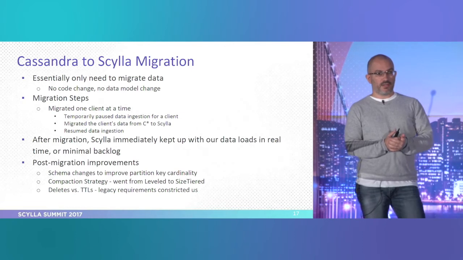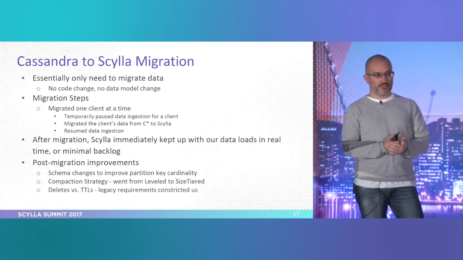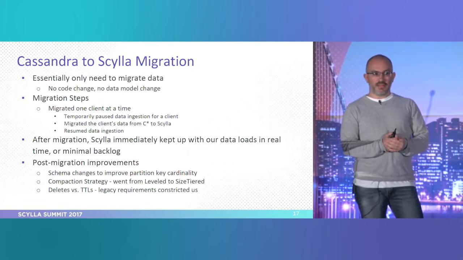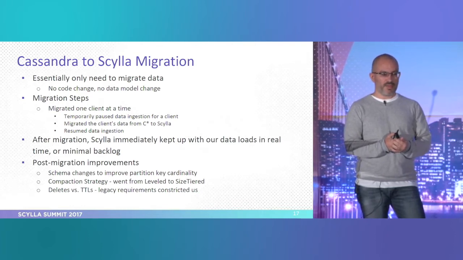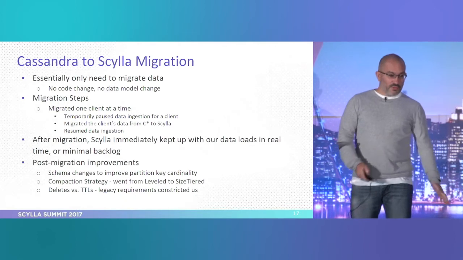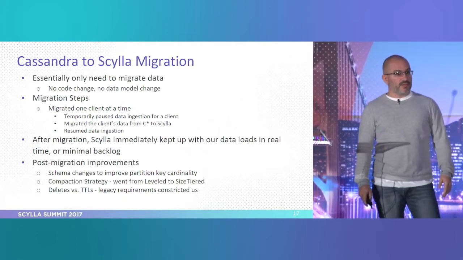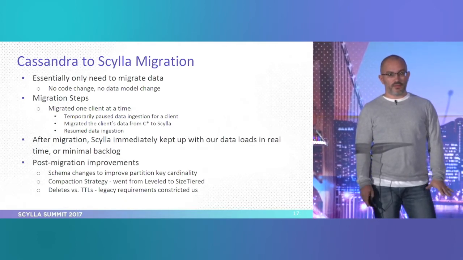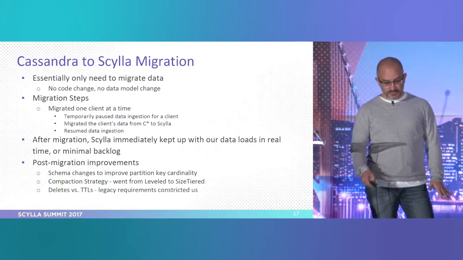We changed compaction strategy, which actually, I think later on today there's a talk titled "How to Ruin Your Performance by Choosing the Wrong Compaction Strategy." Definitely recommended to check that out. So we changed a few things and got ready for the new customers.